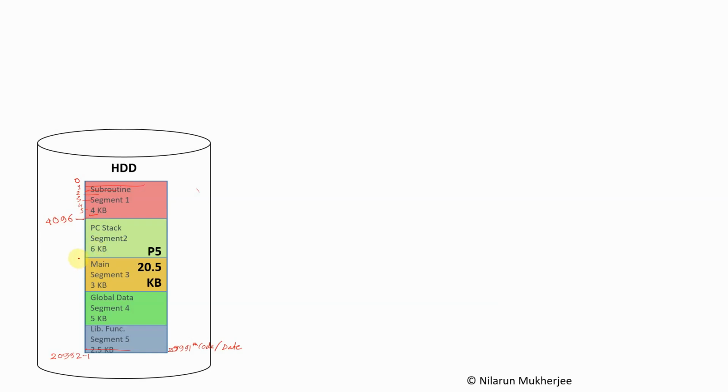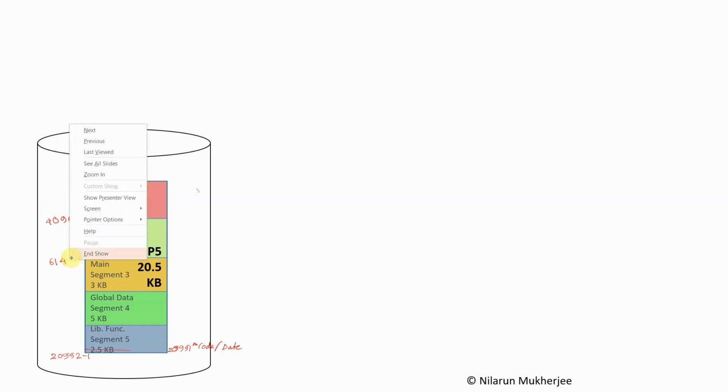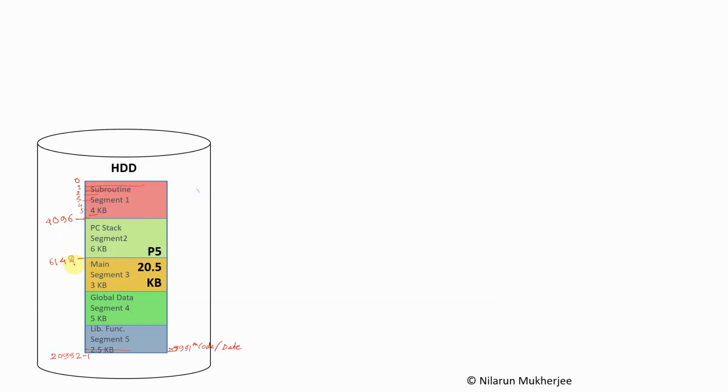Then the next segment starts and ends at 6144. The third segment ends at 3072 and the fifth segment ends at 5120. But actually here the first code of segment 2 had 4096, now it becomes 0.